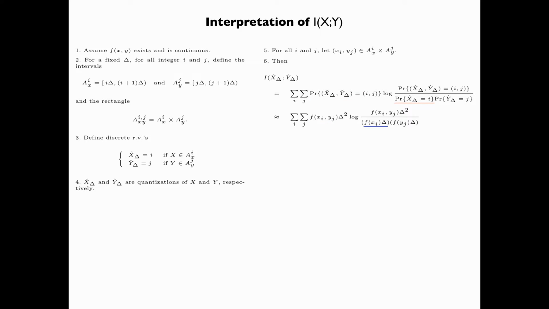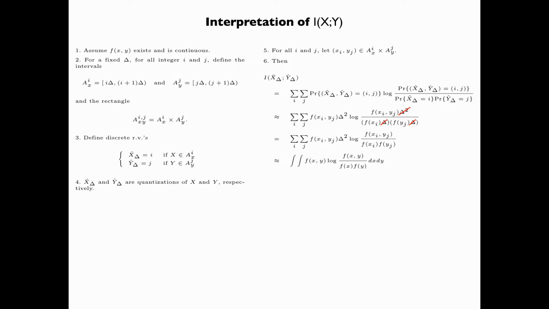Similarly, we approximate the probability that X hat delta is equal to i by f_X(x_i) times delta, and the probability that Y hat delta is equal to j by f_Y(y_j) times delta. Then this delta squared is cancelled by this delta, and so we obtain the summation over i and j of f_XY(x_i, y_j) times delta squared times log of f_XY(x_i, y_j) divided by f_X(x_i) times f_Y(y_j).